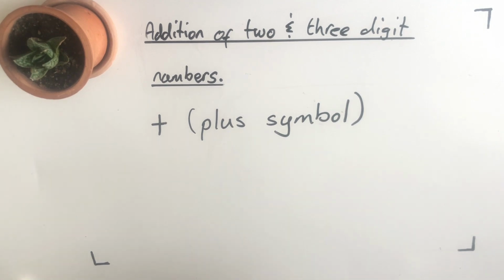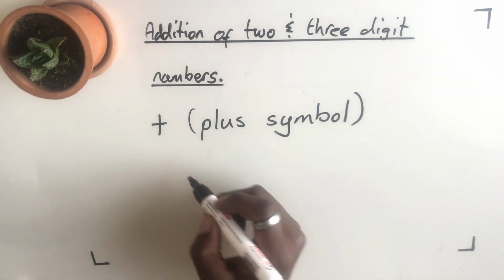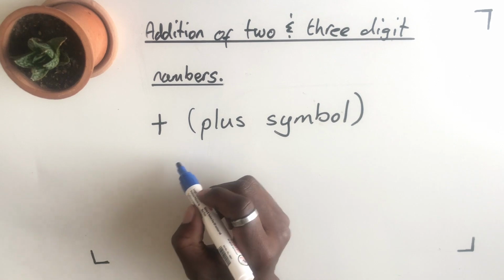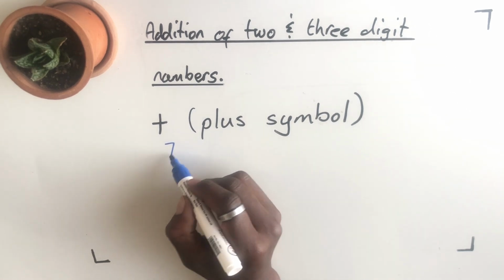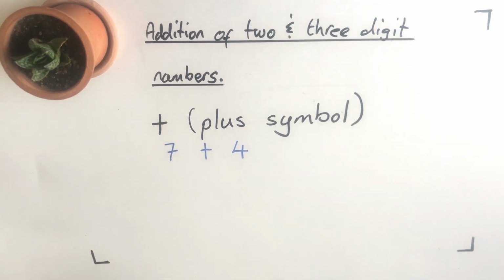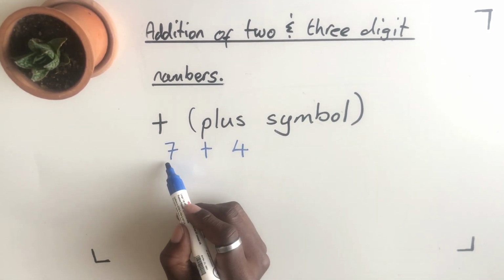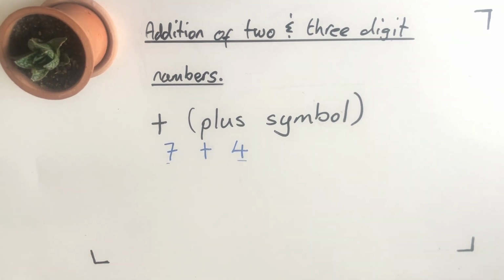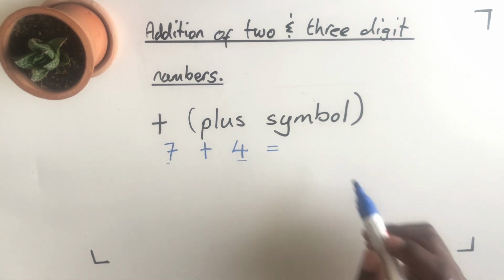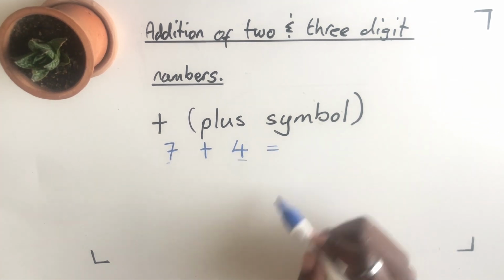Okay, so let's say, for example, we have, let me use a different color. For example, we have 7 plus 4. Okay, so here we're adding 7 and 4. And our answer is what we would call the sum.